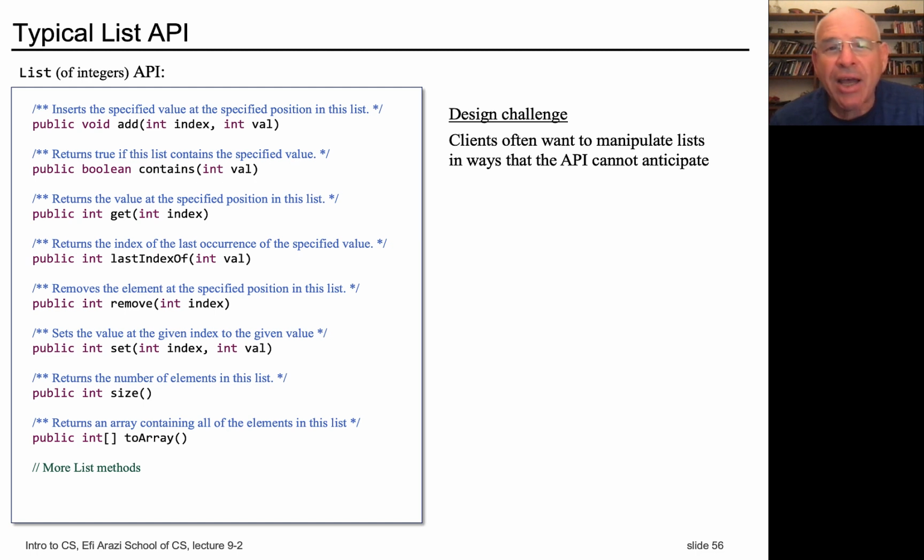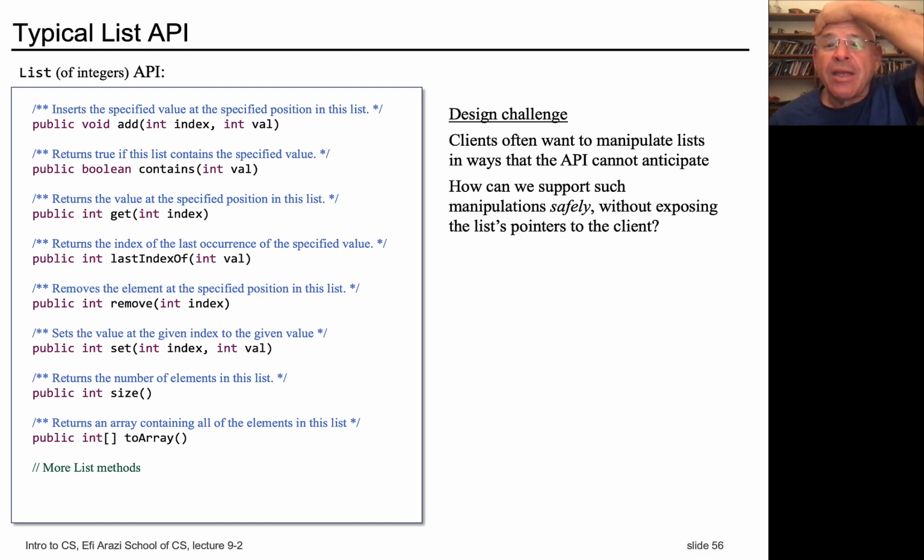Now here's the design challenge. Clients often want to process a list in all sorts of ways that you didn't think about. You can write so many methods in the list class, but at the end there will be a client that will want to do something that you didn't support. So what is needed is to allow the client to somehow iterate through the list and do whatever the client wants to do with every element of the list without giving the client access to the list pointers.